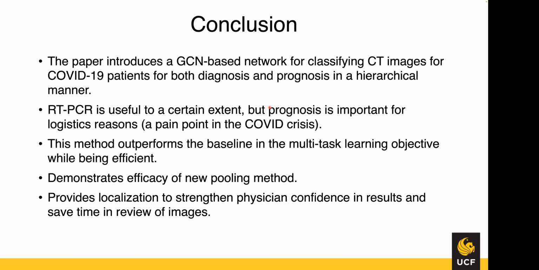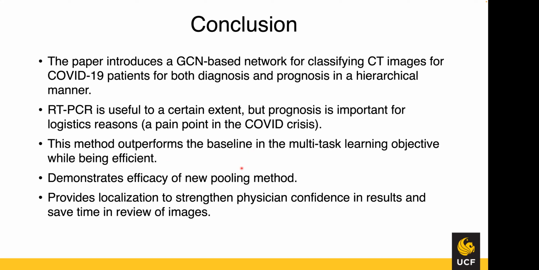The PCR is useful, but prognosis is more important for logistics, especially in COVID. Overrun of the hospitals is important, so it's an important application of the method. Ultimately, the method outperforms the baseline in the learning objectives, while being extremely efficient in doing so.